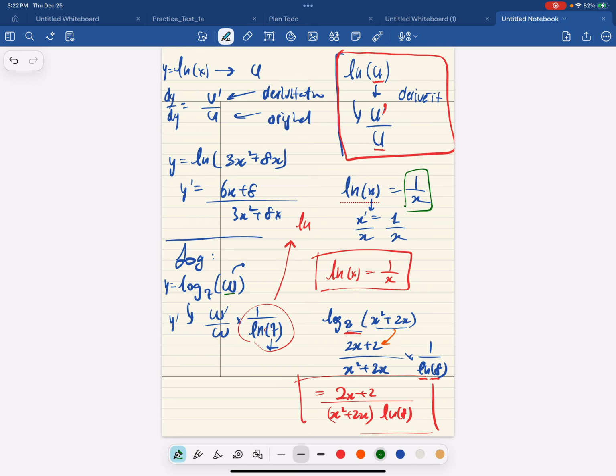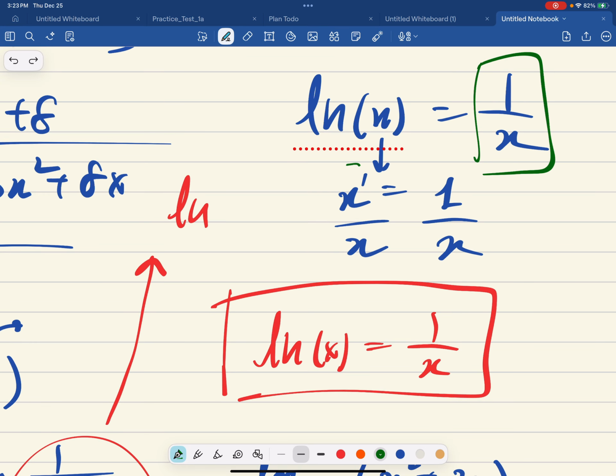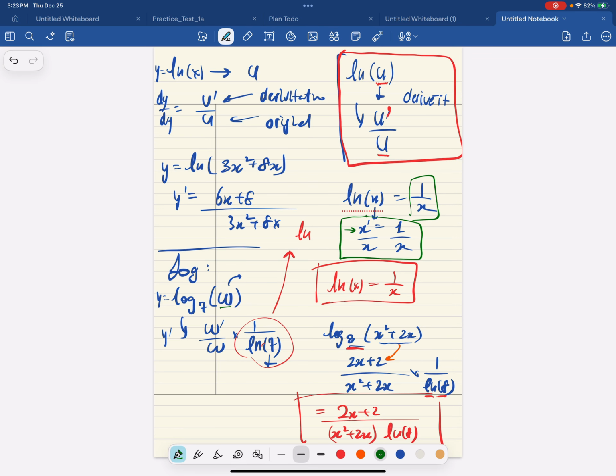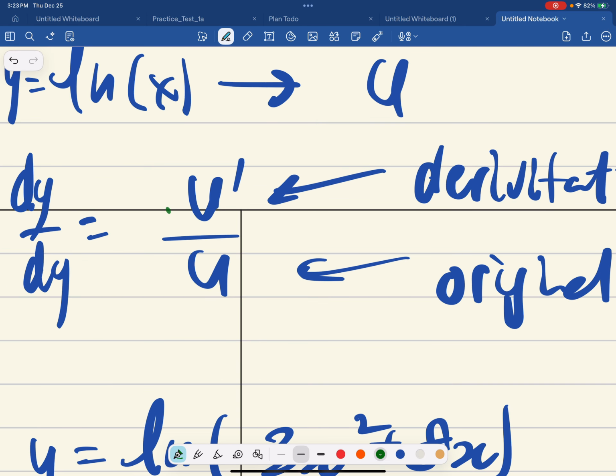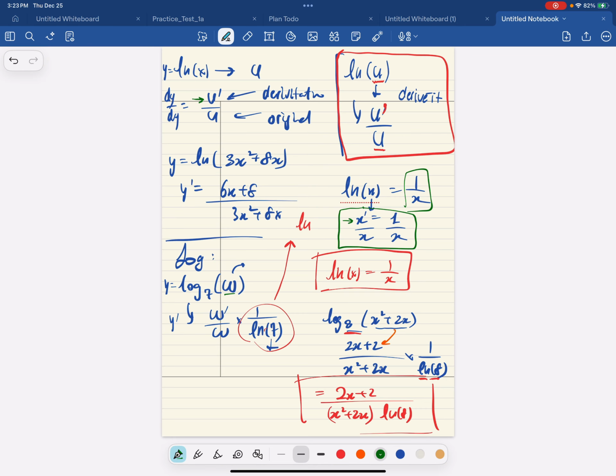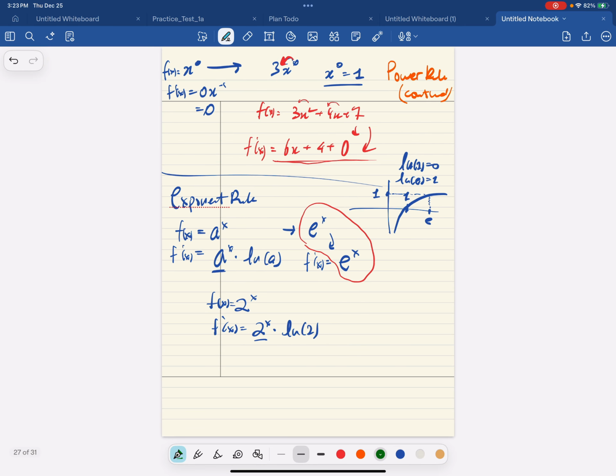But then if whatever you plugged into your ln function is not an x, or not a simple expression, if it was more complicated, no worries, you just follow it normally, because u prime is already in there. The u prime is already in there. It will be the same here.